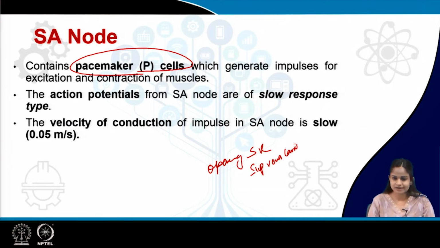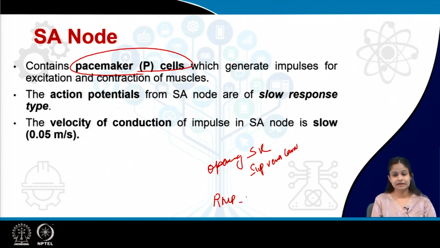This sinoatrial node has a diameter of 0.5 centimeter, and the action potentials from the sinoatrial node are of slow type. We also know that the resting membrane potential differs in different muscles.